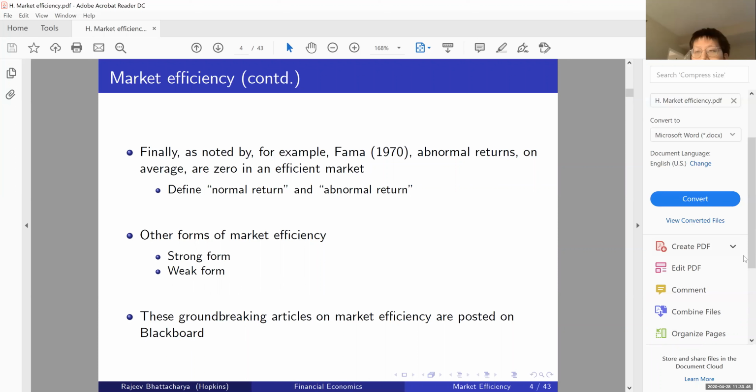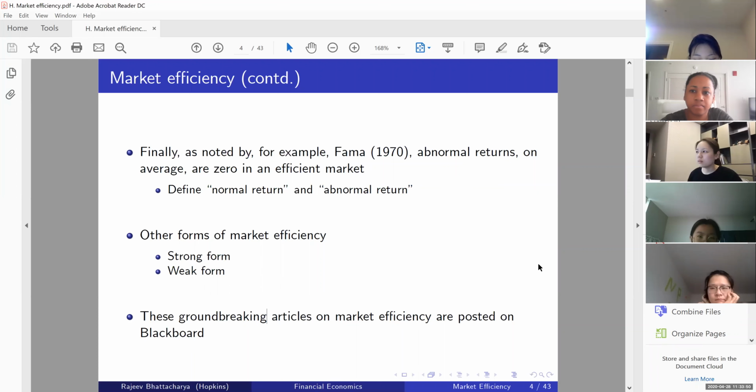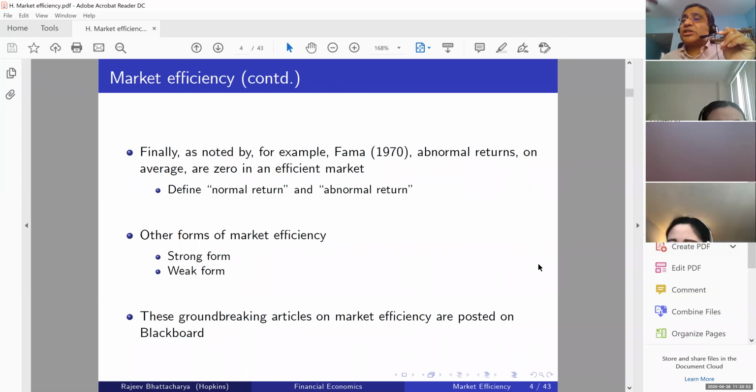An extraordinary return is return over and above what is, quote unquote, normal, what is expected or ordinary. That's why we call it extraordinary return. So clearly it depends on what a normal return is. Not normal in the sense of a normal distribution, but normal in terms of an expected return on that particular day.